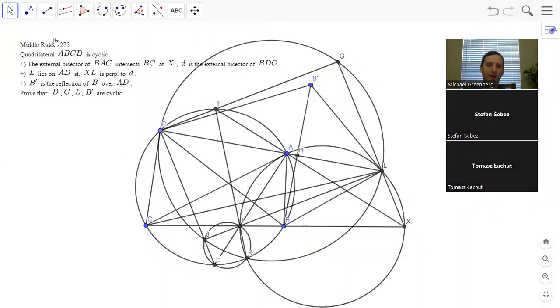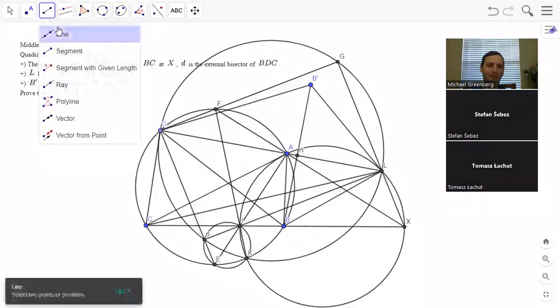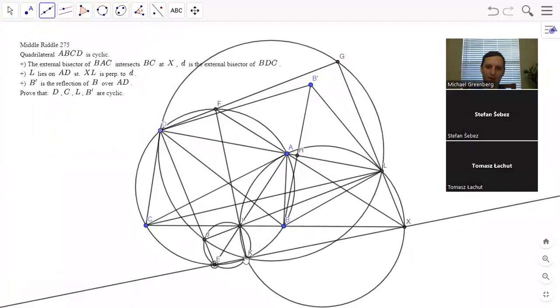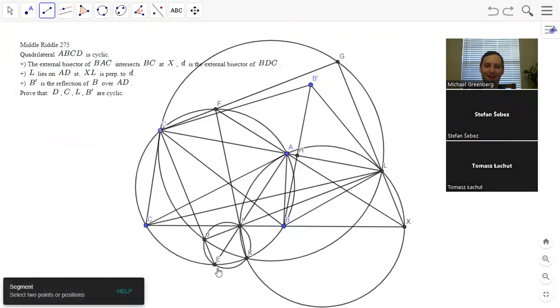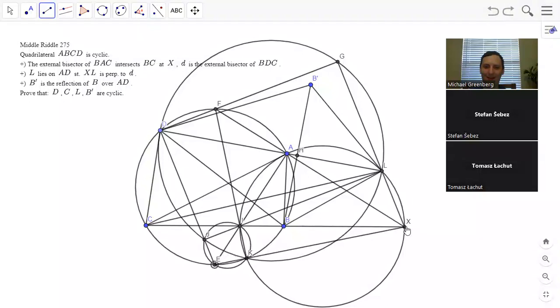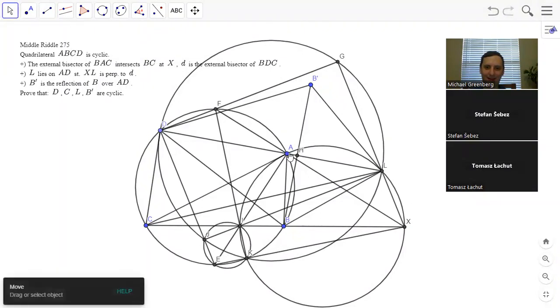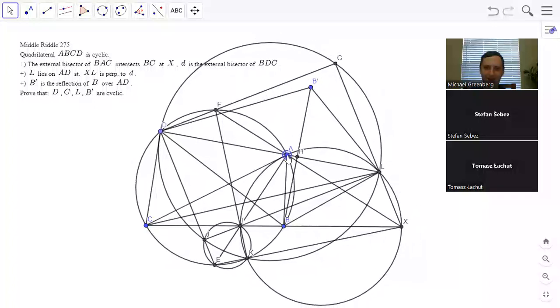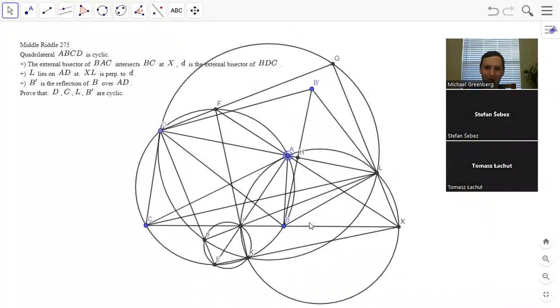Maybe EK and X are collinear. Yes, I'm just guessing things and I'm guessing pretty well. A lot of things there.